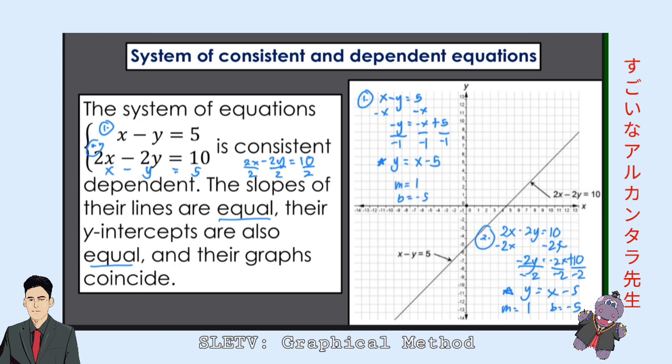And what I would like you to understand, coinciding lines are shown or graphed based on two equations that are basically the same. They are equal. That's what I'm trying to help you understand here. If you don't want to do the division property, you may do the multiplication property of equality.